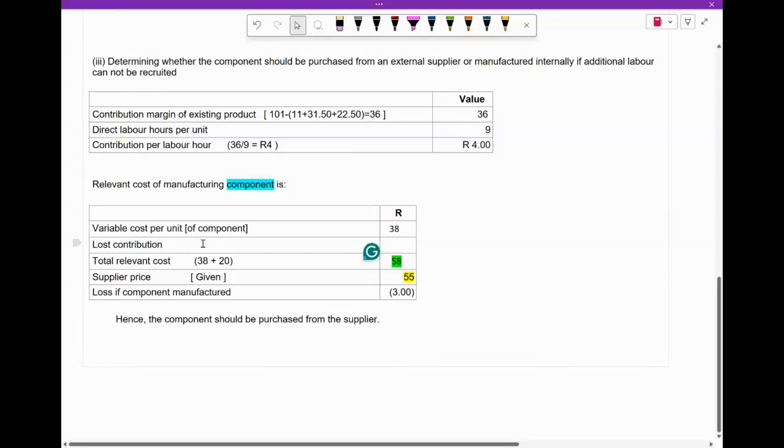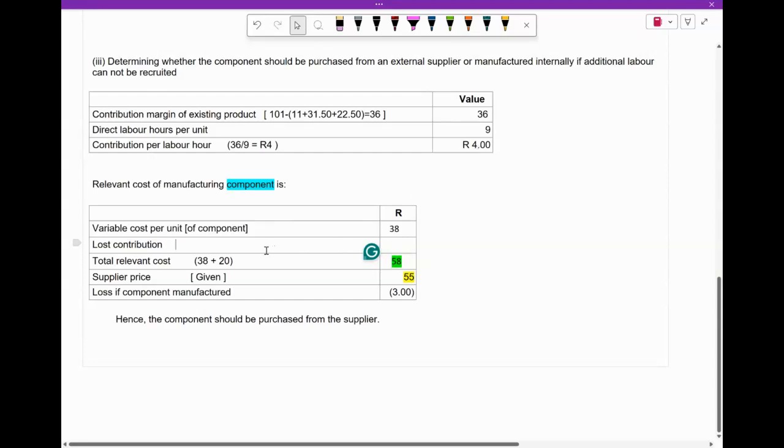What is the loss in contribution? I think they might have alluded to something here in the question. What are we supposed to do to get the lost contribution? That is the relevant question. Remember, it means that we basically will not be producing the component, so we won't get this 4 Rand contribution.